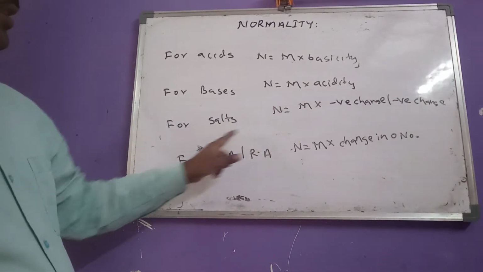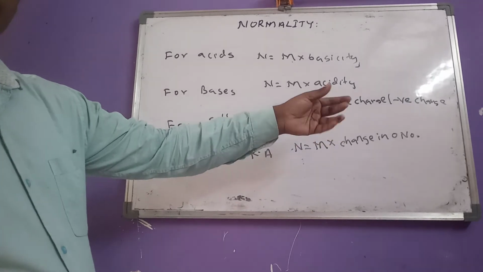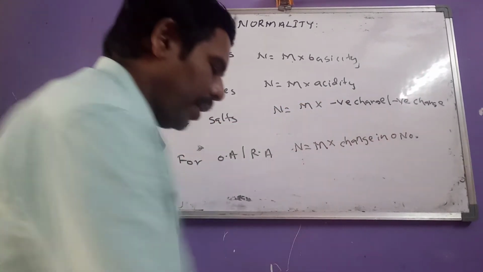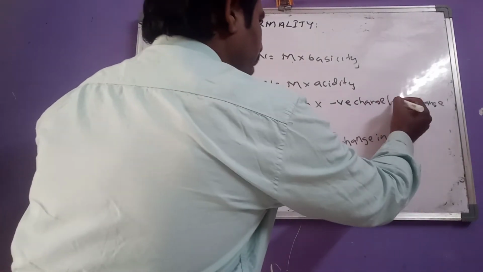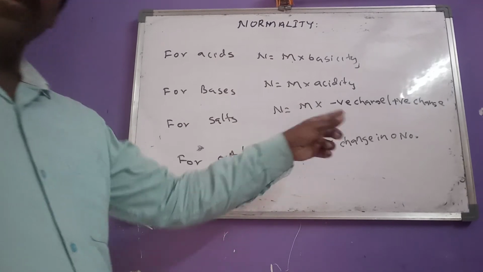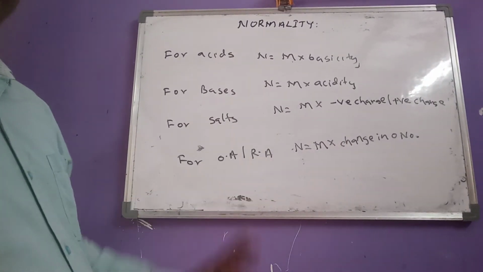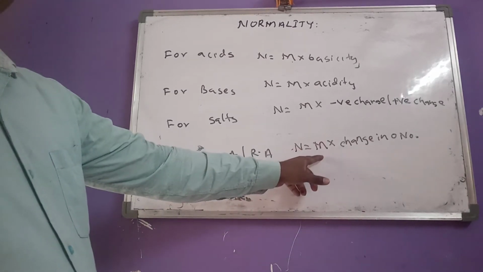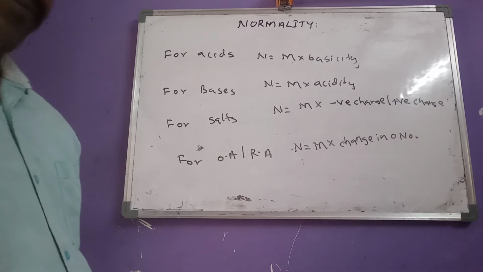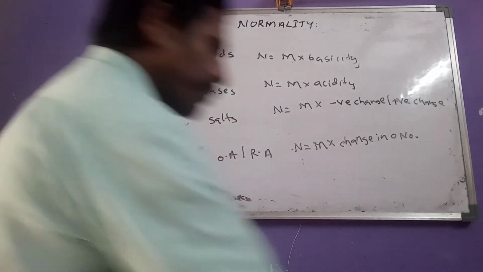For salts, multiply molarity with either total negative charge or total positive charge. For oxidizing or reducing agents, multiply the molarity with change in oxidation number. So let us see some examples.